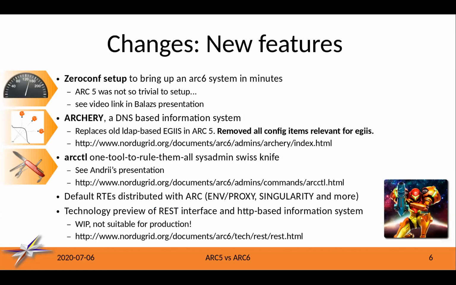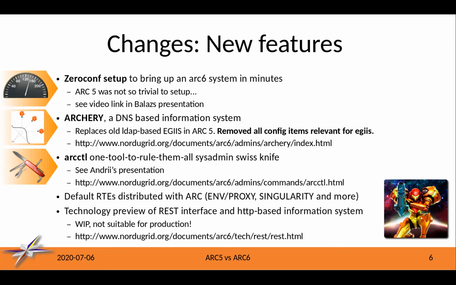So when it comes to new things that were not in ARC5, we have this zero-conf setup that in ARC5 was not so easy to achieve because of the complexity of the subsystems, and Balazs already spoke about it, so I will not go through it. We have this new discovery index for CEs called Archery, and it's DNS based.